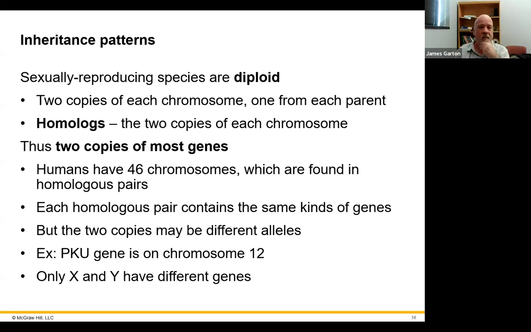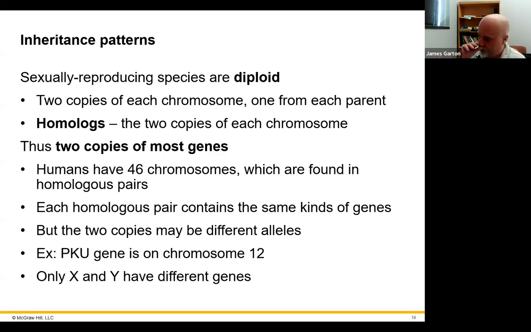And some basics. We typically say, to keep it simple, and there are exceptions to this, but we say that species that are capable of sexual reproduction are diploid. Two copies of every chromosome, one from each parent. You call this arrangement homologs. They exist in homologous pairs.